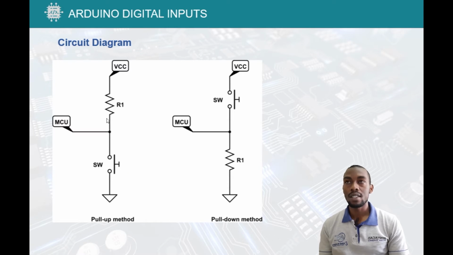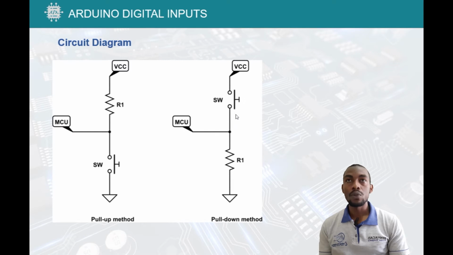So this resistor serves as a pull-up resistor, and the value is normally either 10 kilo ohms, or even 100 kilo ohms. The method we chose is pull down, so that the initial state is 0.